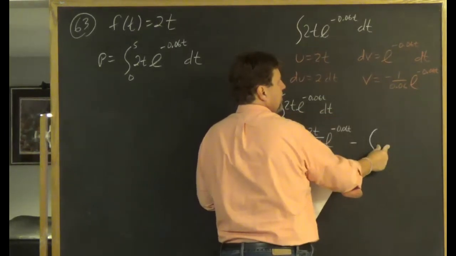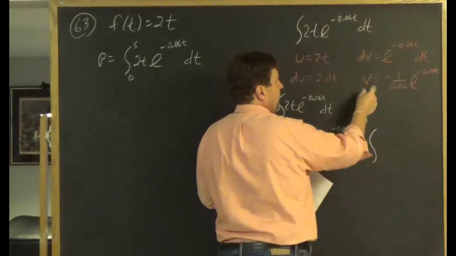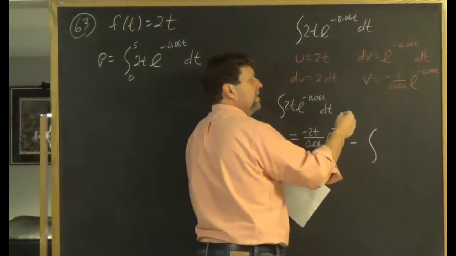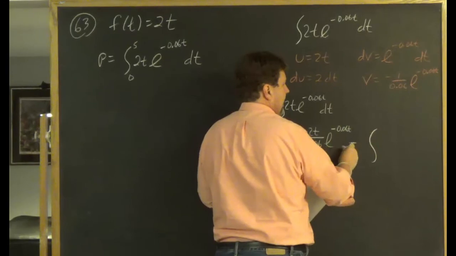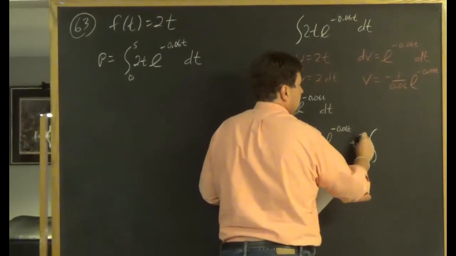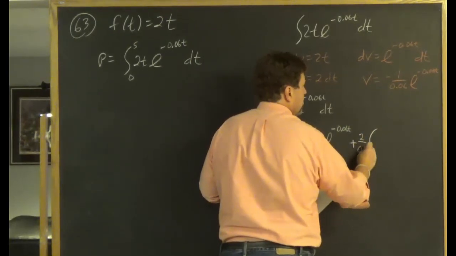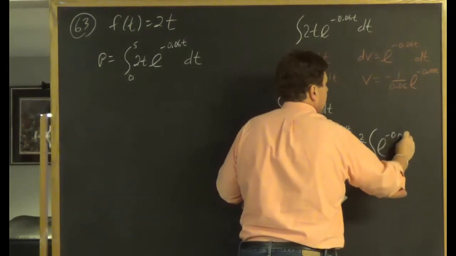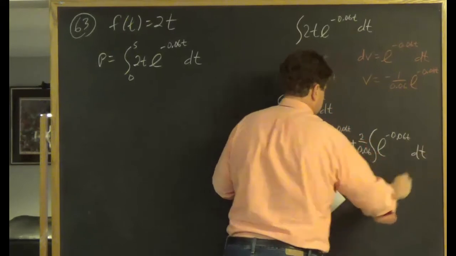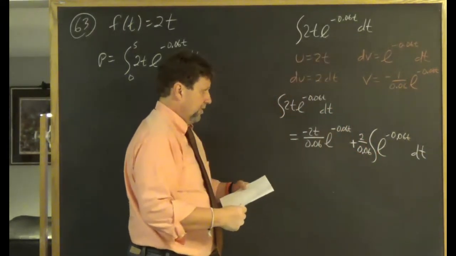That would be in the integral, so let me rip that out. That's a negative 2 over 0.06 that would get ripped out. So minus a negative, that'll make it a plus 2 over 0.06. Just saving myself a little space, cutting down on the number of steps.